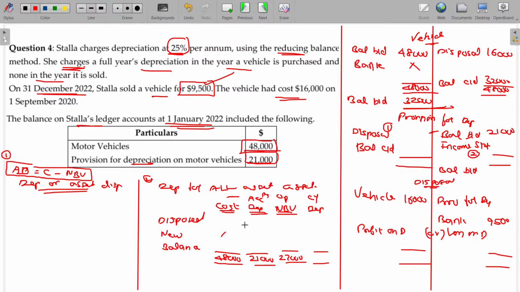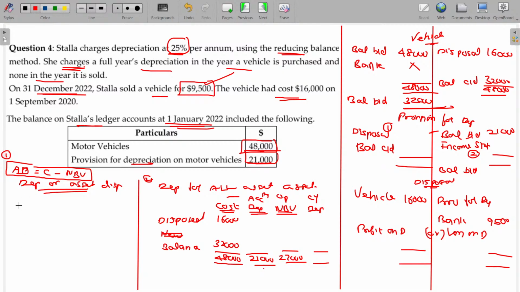We don't have new assets in this case, so you can simply score out. The cost of the sold asset being 16,000. Out of 48,000, the sold asset being 16,000 means the balance is 32,000, the non-disposed assets we still have. Accumulated depreciation 21,000.